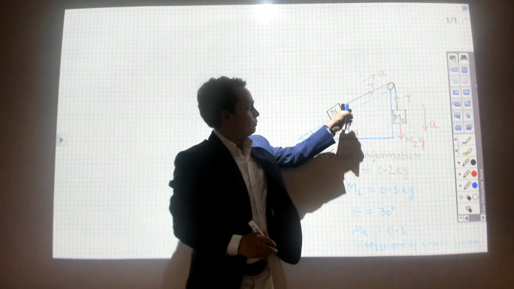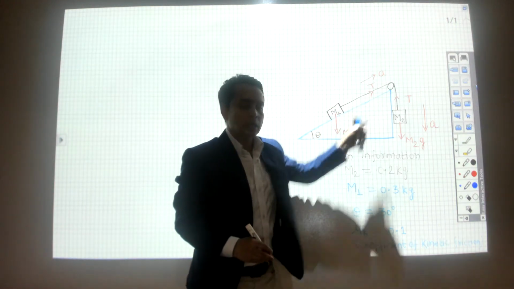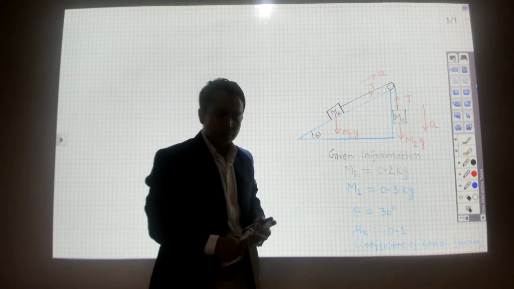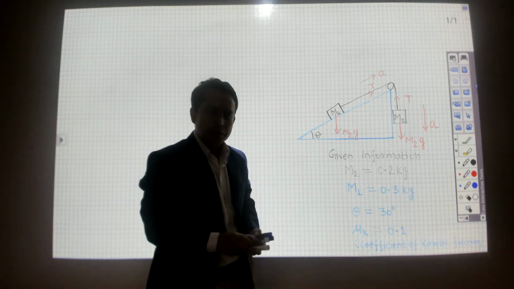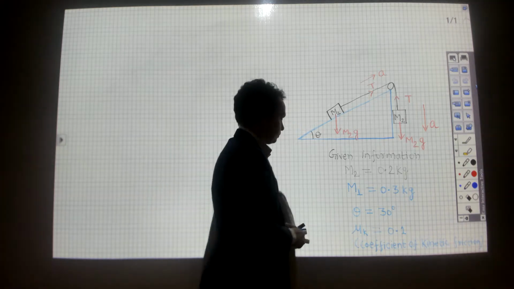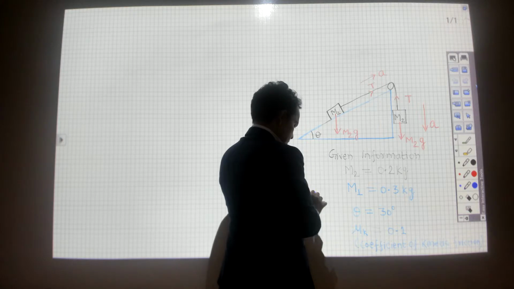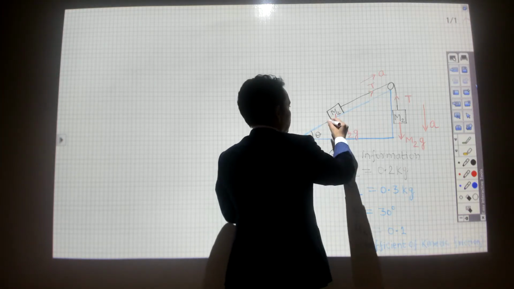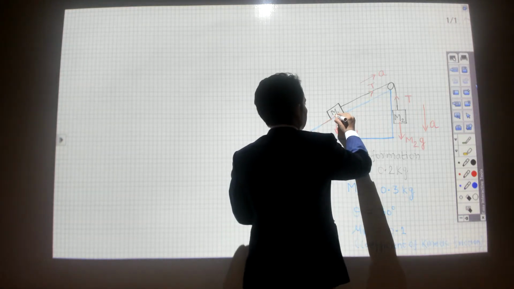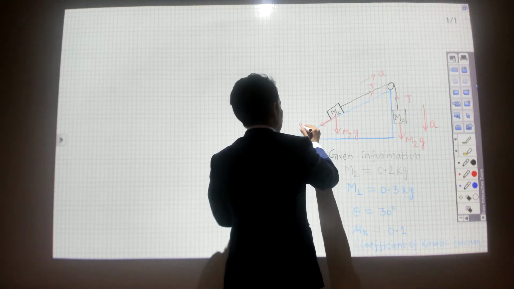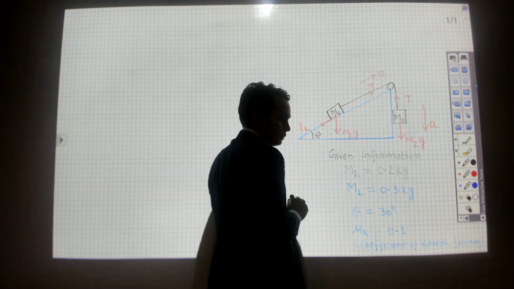This system is trying to move this way. There is the friction force. The friction force is always opposite to the motion. So this is the friction force here, which I'm writing as Fk.